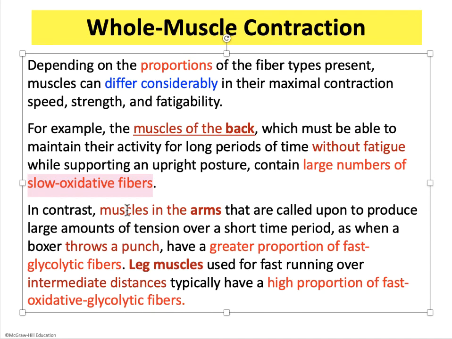And of course, the muscles in the arms, which are normally used for quick responses, would have a large proportion of fast glycolytic fibers. And the leg muscles, used for fast running over intermediate distances, would have a high proportion of fast oxidative glycolytic fibers. So overall, we've covered all three types of muscle fiber in this set of examples.